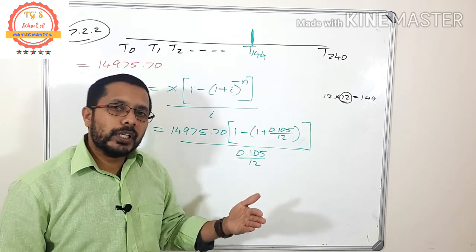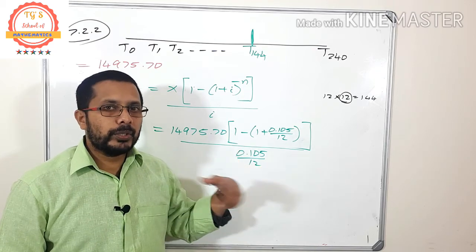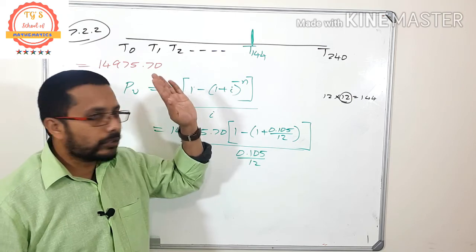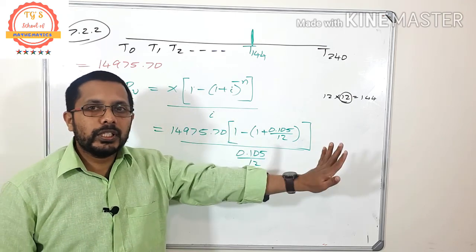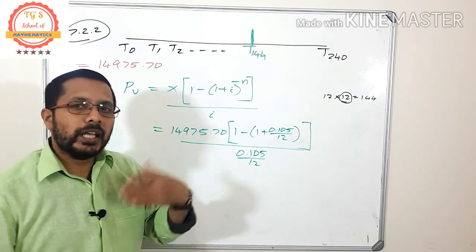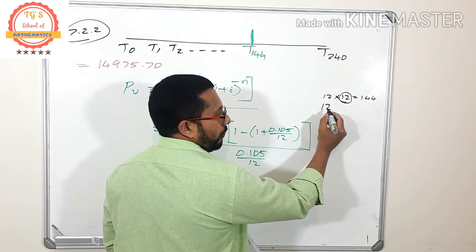So after 12 years, how many years remaining? Do you remember how many years was the loan? It is for 20 years. So after 12 years, remaining 8 years. Those 8 years are also monthly payments, 12 in 1 year.